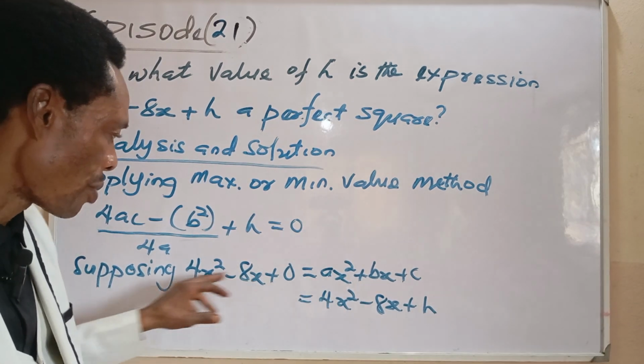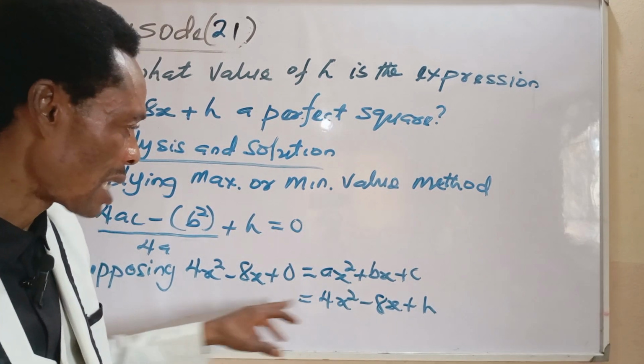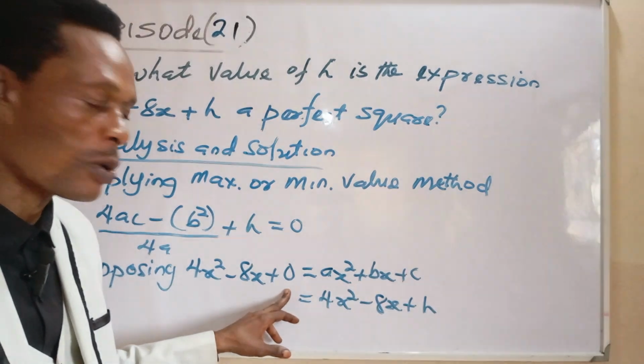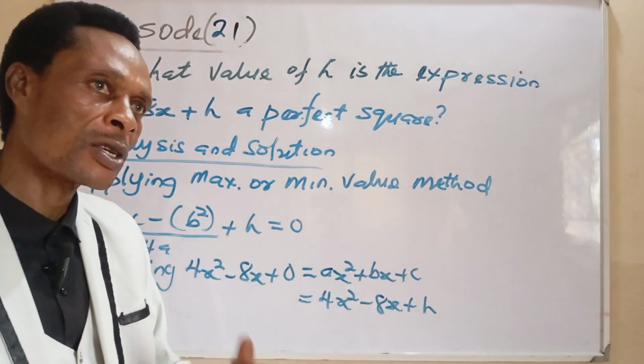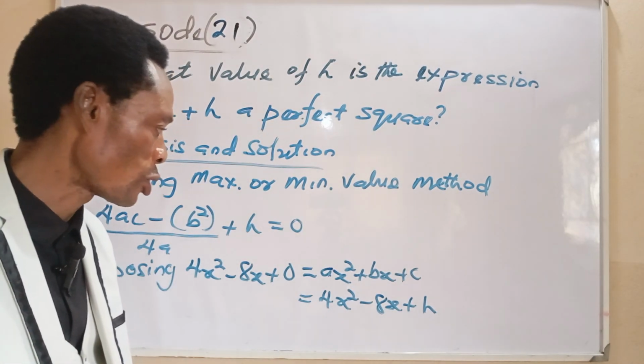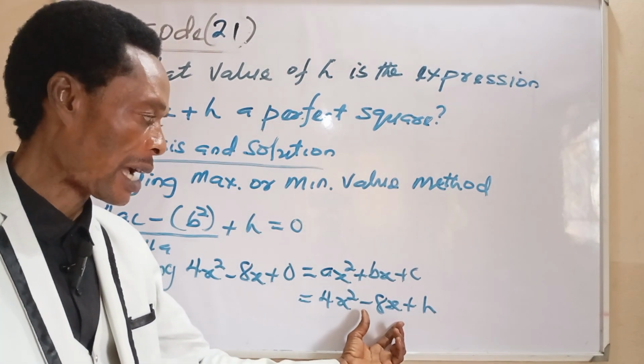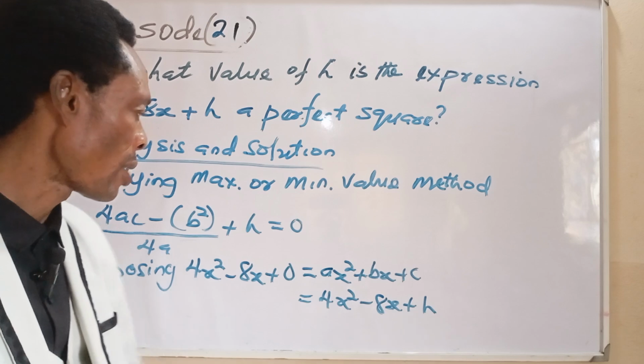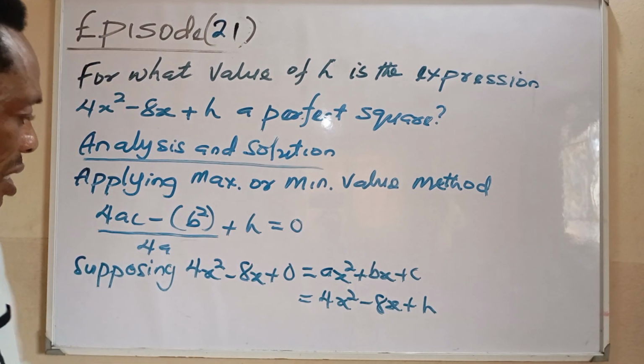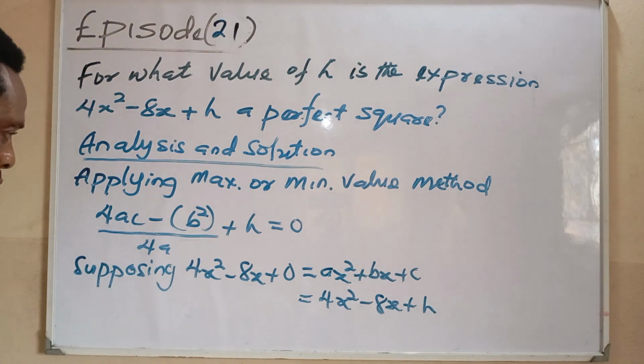Meaning that our a will be 4, our b will be minus 8, and our c will be 0. It's h you'll be looking for, right? So that does it. Now let's continue.